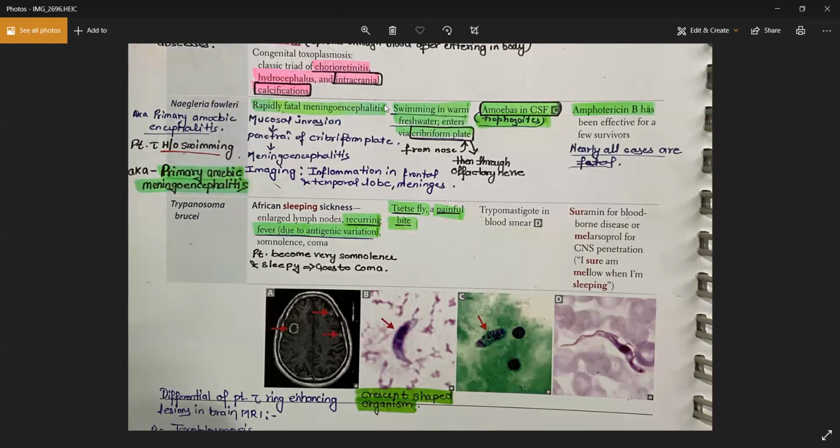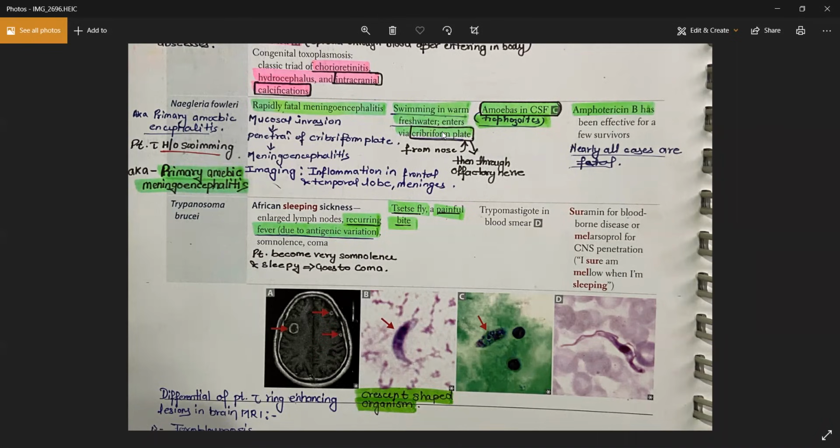You need to know that this organism gets inside your body through swimming. So it would be a patient having a history of swimming, or might be a swimmer. After inhaling the water, this parasite will pierce through the cribriform plate from the nose.